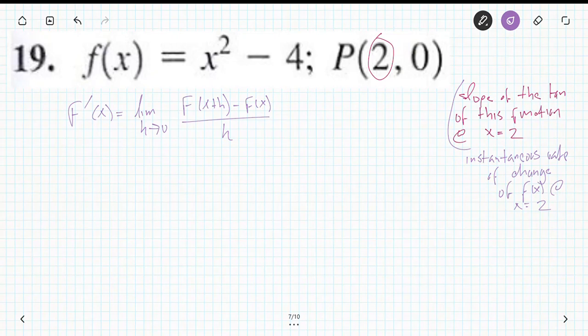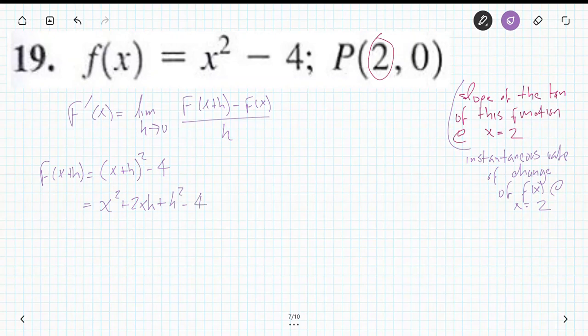So f of x plus h, I'm going to substitute into my original function. So that's going to be x plus h squared minus 4. Okay? And so when you expand, this is going to give you x squared plus 2xh plus h squared minus 4.